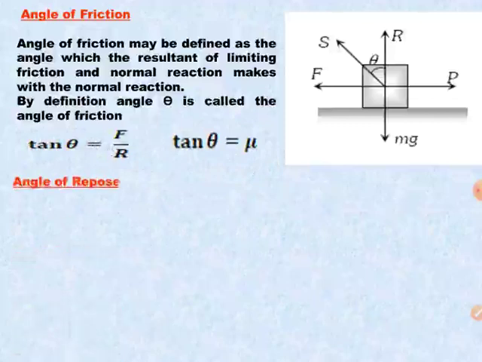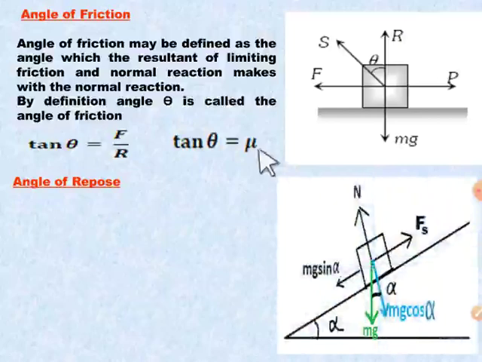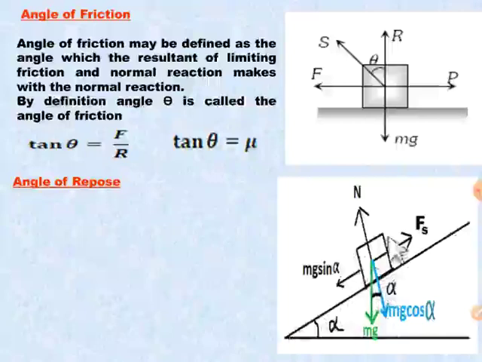In the angle of repose, let me show you the diagram first. Suppose this is the horizontal plane and this is the inclined plane, and over that inclined plane a block of mass is kept. If you keep on increasing the angle of inclination, what happens? When the angle of inclination is small, the body will not slide down.